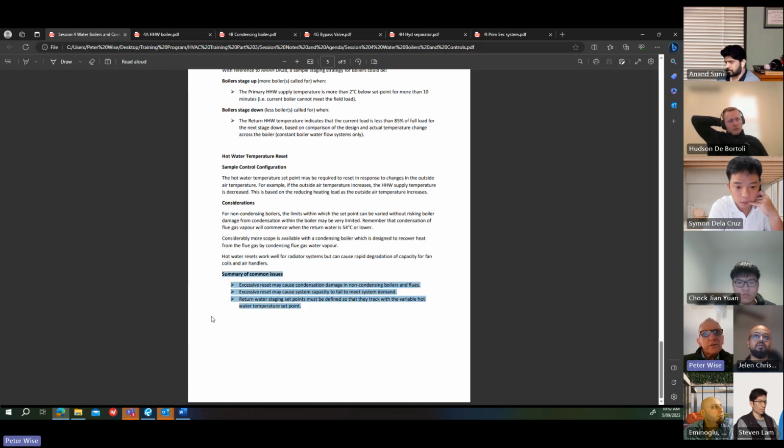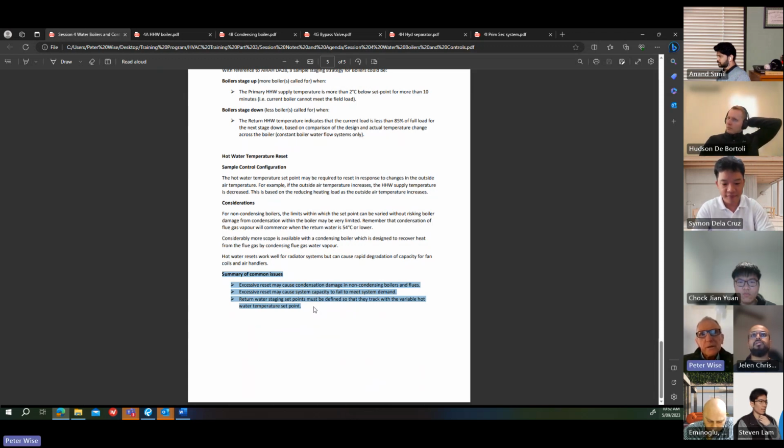So just a summary of the common issues. Excessive reset may cause condensation damage in non-condensing boilers and flues. Excessive reset may cause system capacity to fail to meet system demand. And finally, return water staging set points must be defined so that they track with the variable hot water temperature set point. Again, that's a bit of a mouthful.